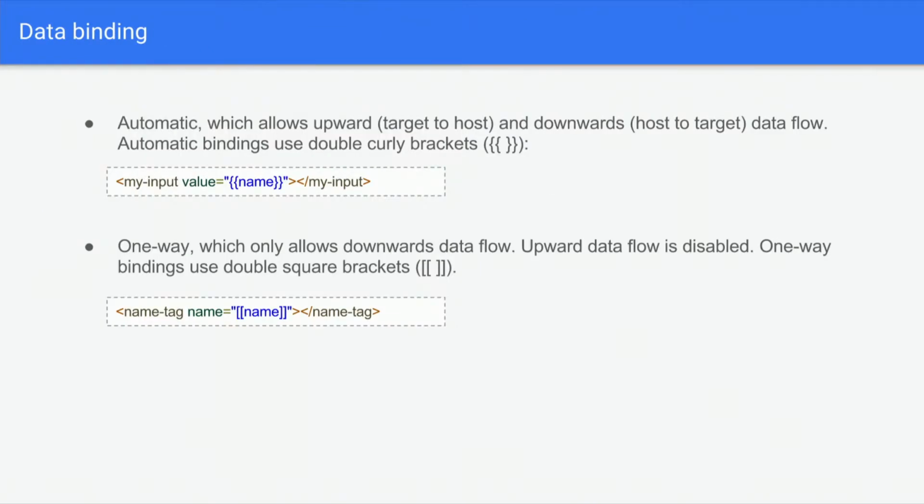About data binding, it offers you the possibility to have one-way and two-way data binding using different notations. So double curly braces, or double curly brackets, for two-way binding, and double square brackets for the one-way data binding.